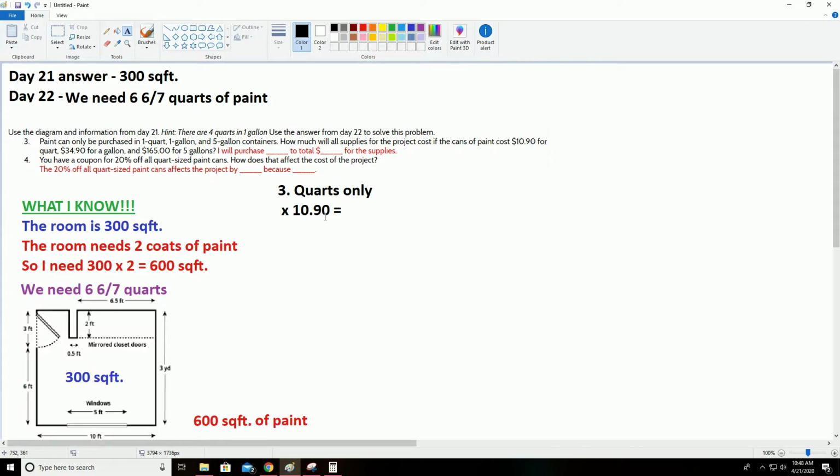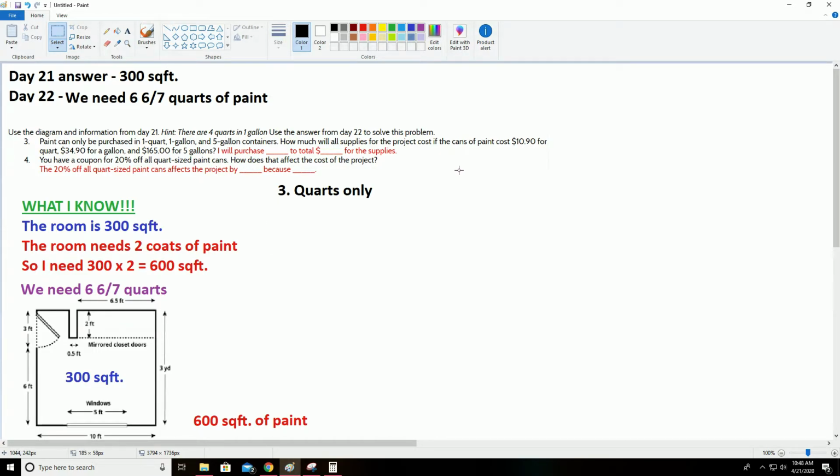So I'm going to start you out here. Number 3 wanted us to figure out how much it's going to cost. And it told us how the paint could be purchased. So I'm going to erase this right here. And so here's what I want to do.